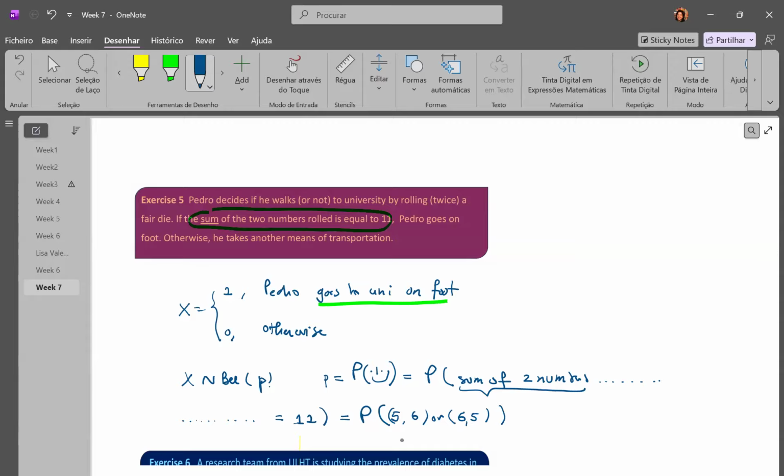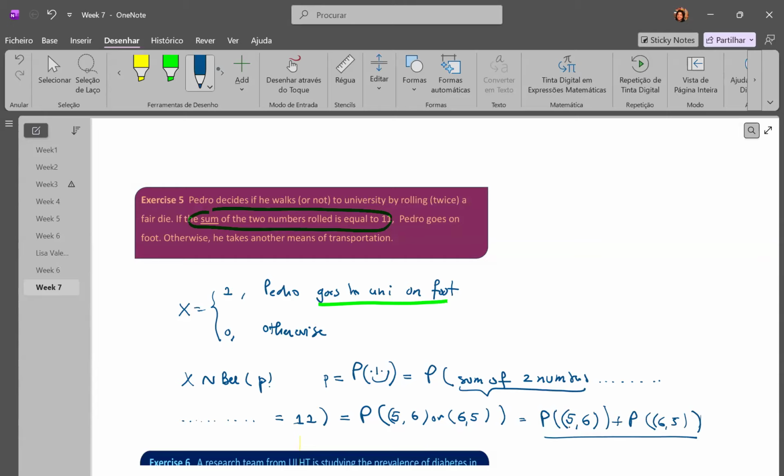The two dice are independent from each other. So we're going to write like this. See if you agree. We have the probability of getting (5,6) plus the probability of getting (6,5), because there's no intersection between the two.